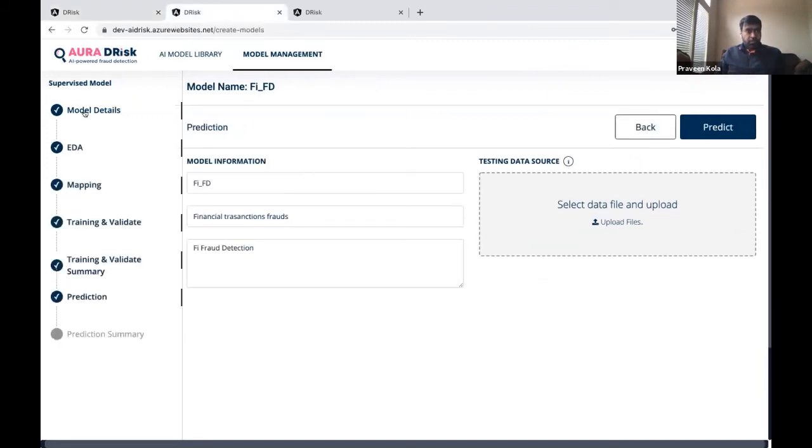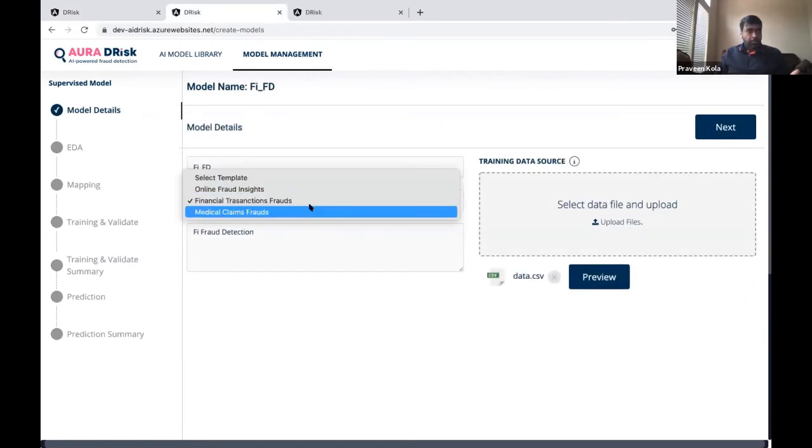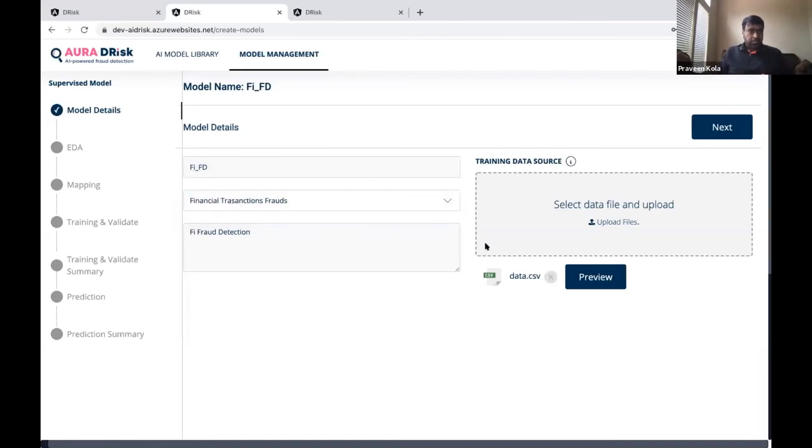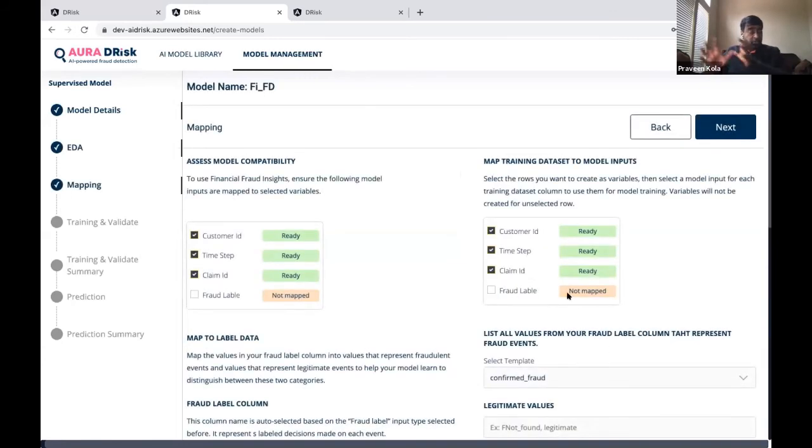Similarly, we also have supervised models, and the supervised models are meant for a purpose. For example, we have different kinds of supervised models: online fraud, medical claims, and one for telecom, prepaid, and so forth. You can pick those, and the system will tell you what kind of data you need and how to label it, because supervised models need labeled data, what transaction is fraud and what is not.